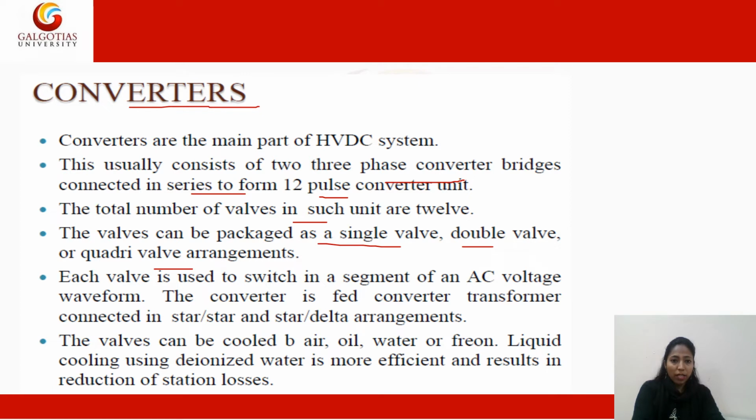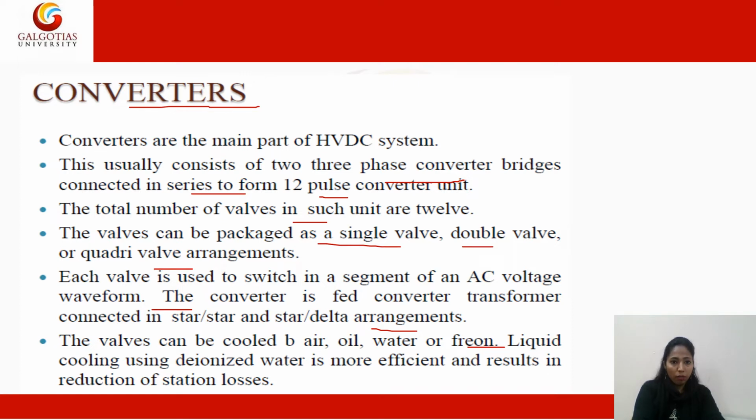Each valve is used to switch in a segment of the AC voltage waveform, and this converter is fed by a converter transformer connected in star and delta arrangement. The valves can be cooled by air, oil, water, or freon. Liquid cooling using deionized water is more efficient and results in a reduction of station losses.